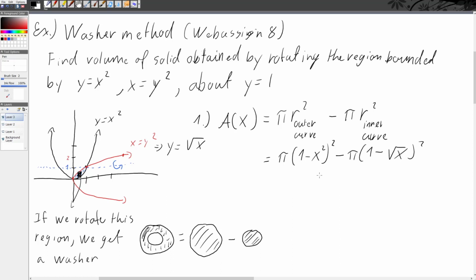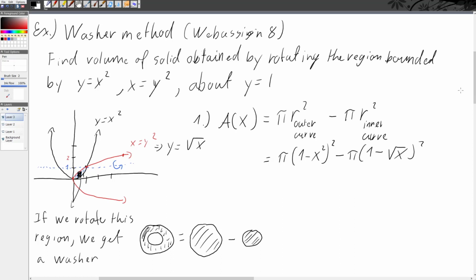Note that we have to do this 1 minus right here. It's because we are rotating about the line y is equal to 1, meaning we are accounting for this portion right here. If we just put in x squared, we are actually counting that portion on the outside. We're actually rotating about that portion. So if we want to find the radius, it's going to be 1 minus the outer curve. And then from here, it's all the same.